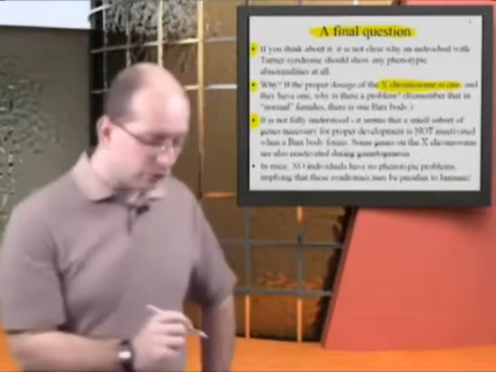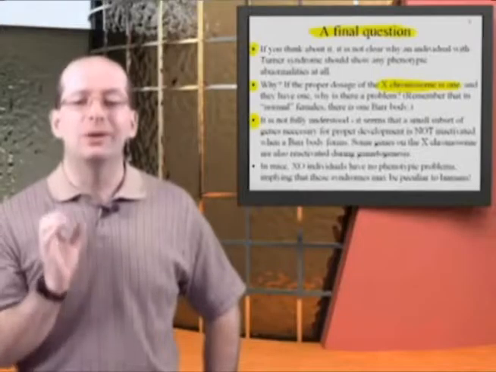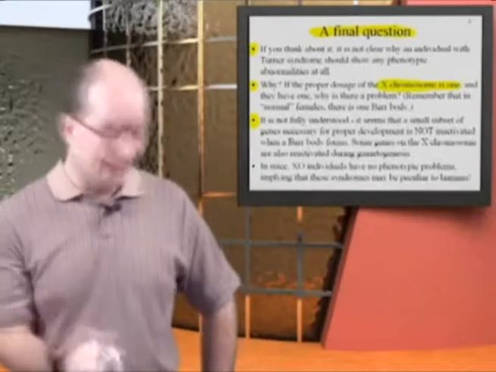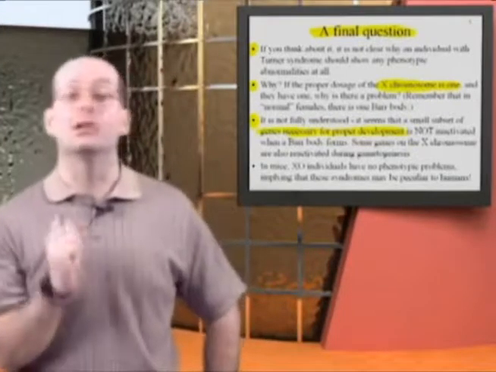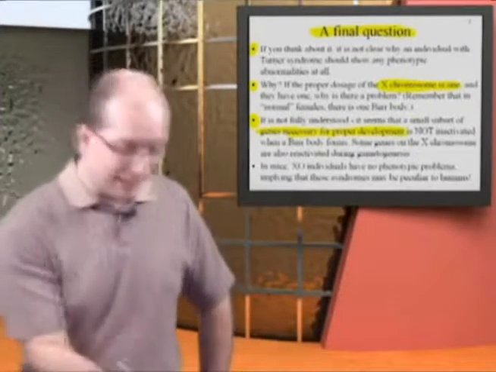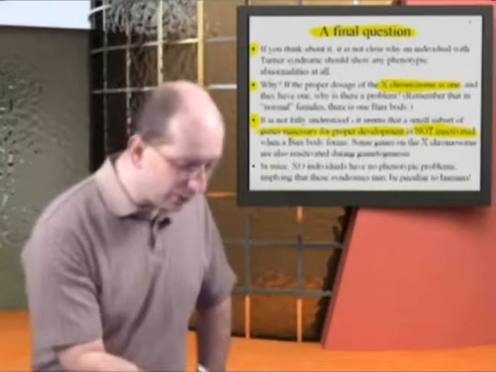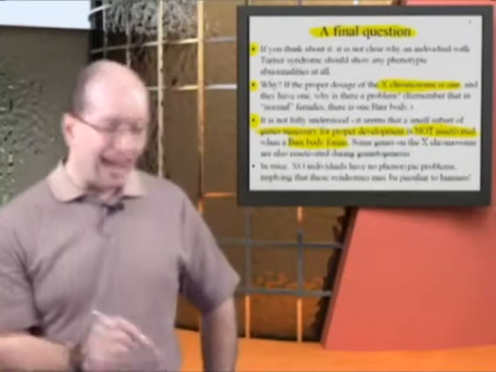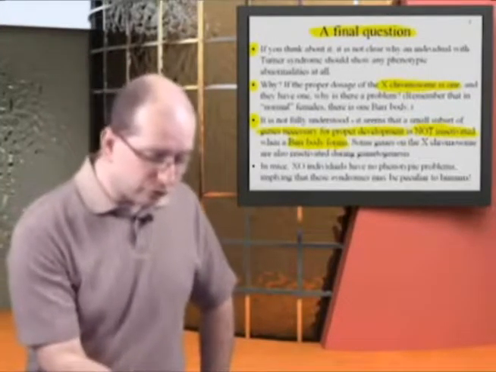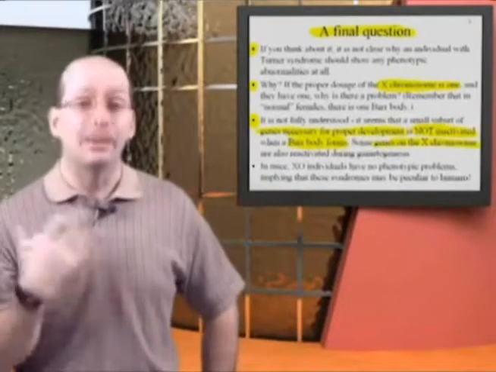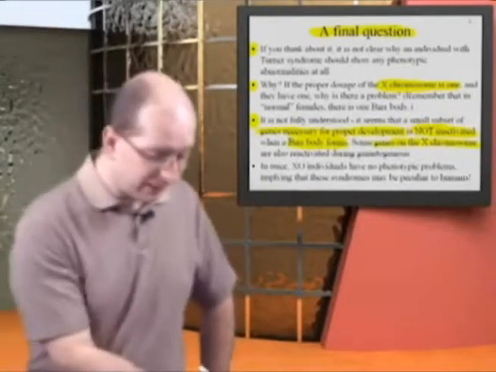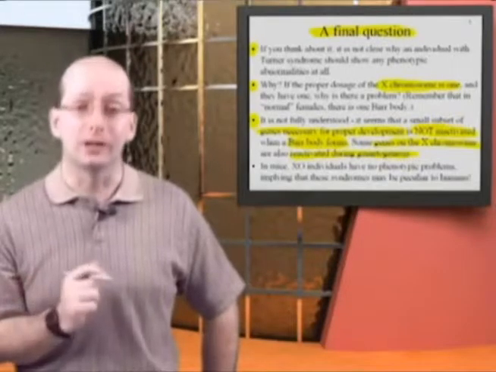Well, it's not fully understood, as I said, but what it seems is this, that there are a small subset of genes necessary for proper development located on the X chromosome that are not inactivated when a Barr body forms. And additionally, there's evidence that some genes on the X chromosome are also reactivated at puberty in women during gametogenesis, which means the making of eggs, which would account for the sterility problems.